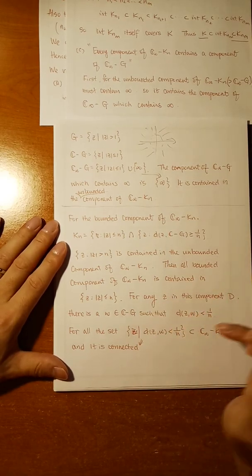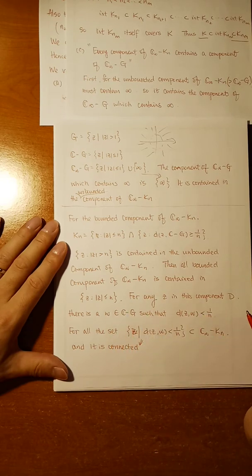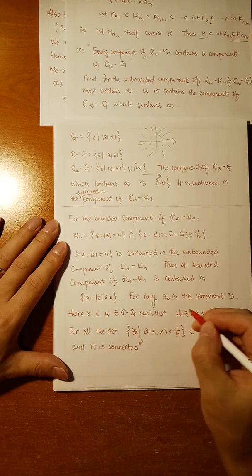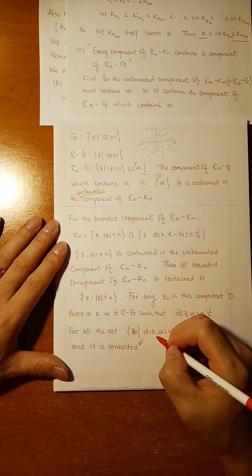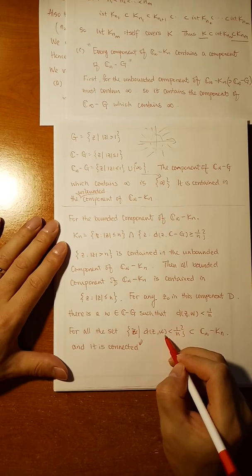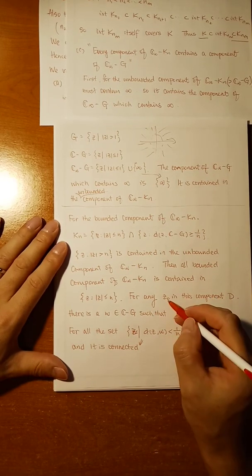So let's put Z0 here. This set, Z0 also belongs to it. Then what you get? This is a connected set that contains Z0, and D is a component that contains Z0.